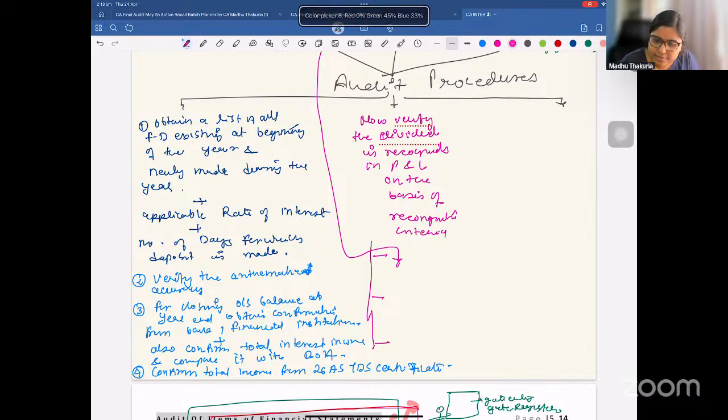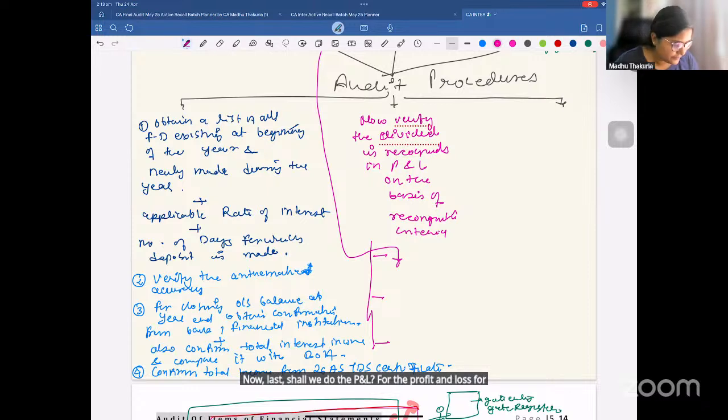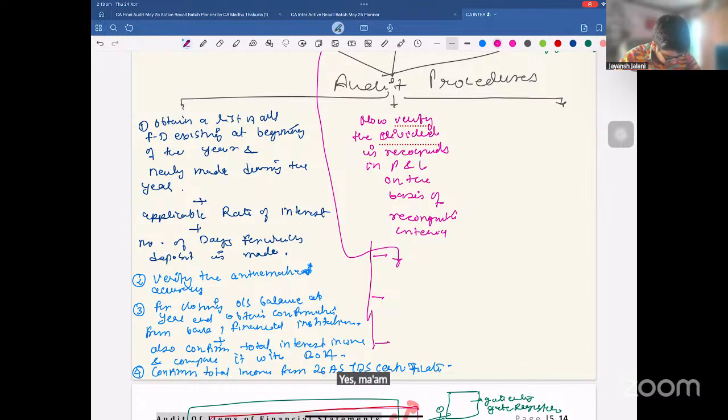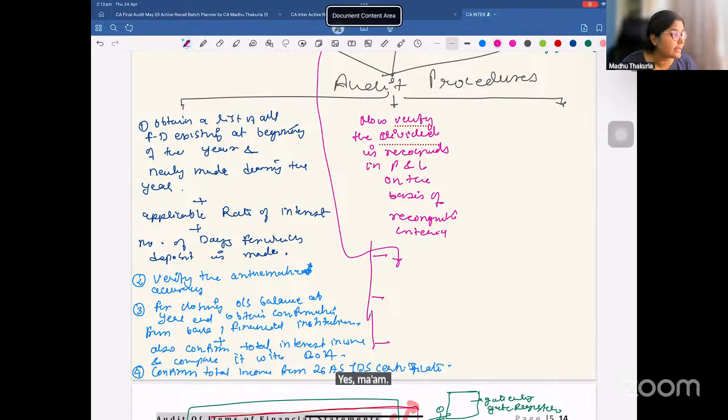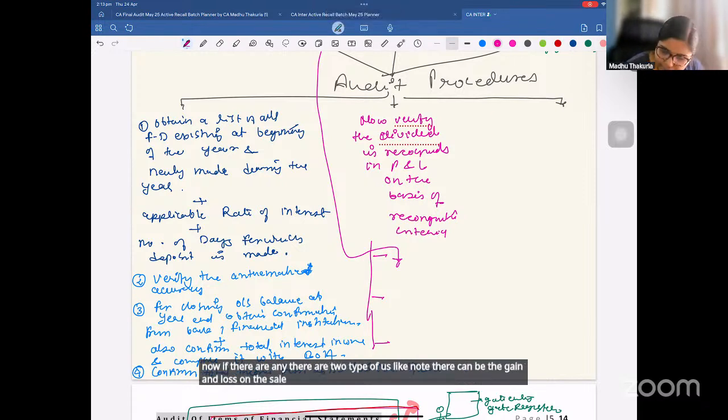Now, last, shall we do the profit and loss for the sale of asset? Yes, ma'am. There can be gain and loss on the sale of mutual fund investments.